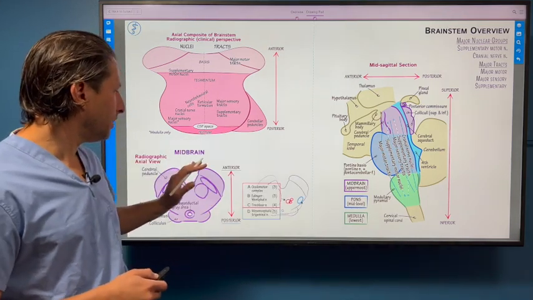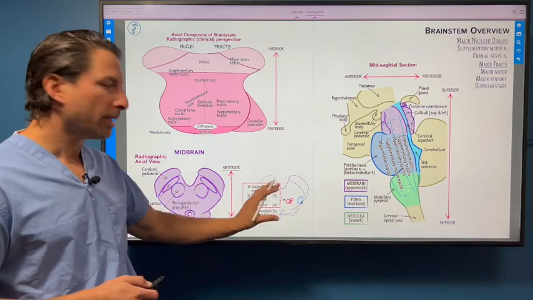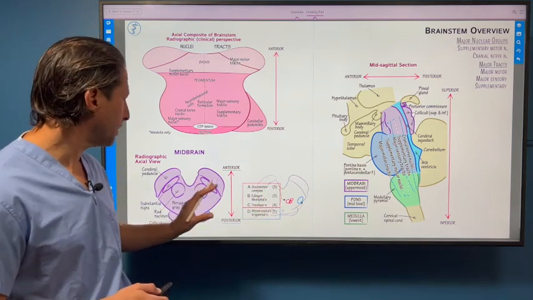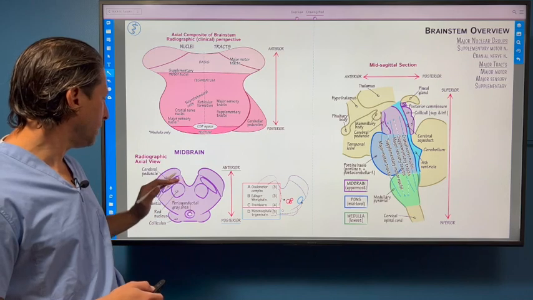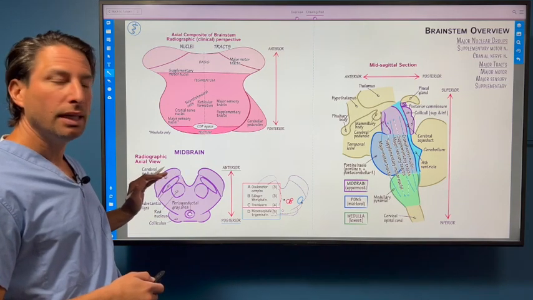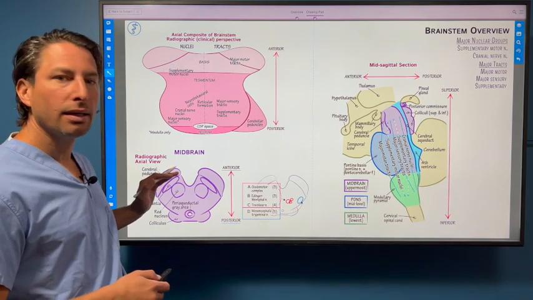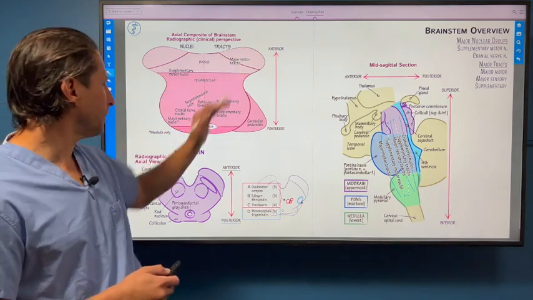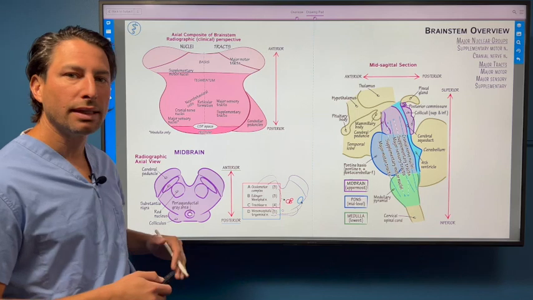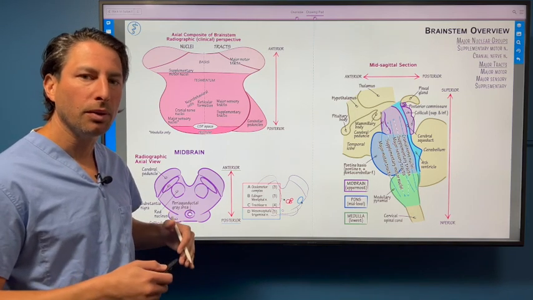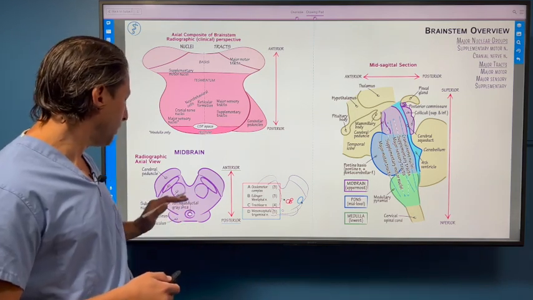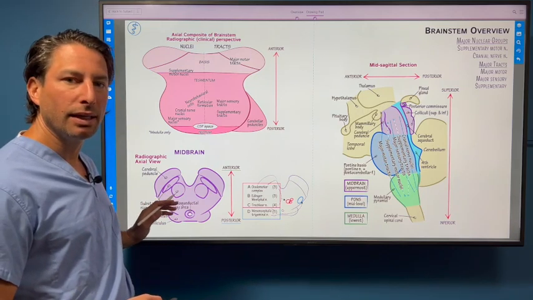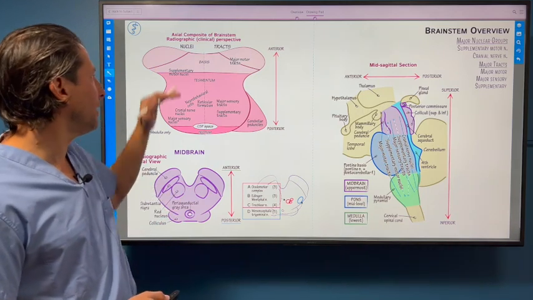So let's test this out with the midbrain. We'll talk about cranial nerves second. First, we're going to talk about these tracts and nuclei. So cerebral peduncle here is carrying major motor tracts, and look at where it is. It's anterior. That's where we said it should live. It's going to carry those corticospinal, corticobulbar tracts. Supplementary motor nuclei, the substantia nigra and the red nucleus, they live, again, anteriorly.